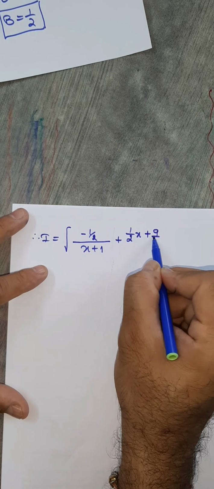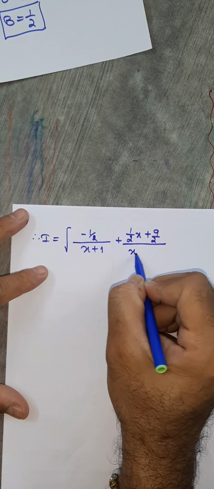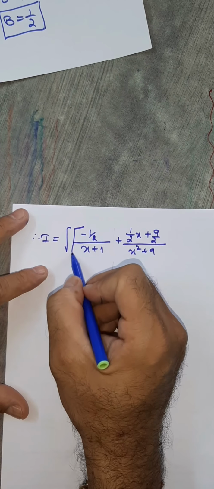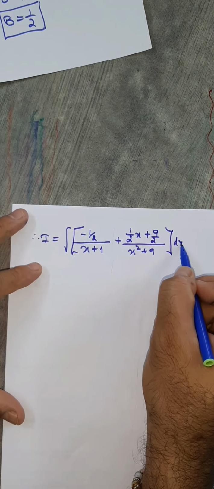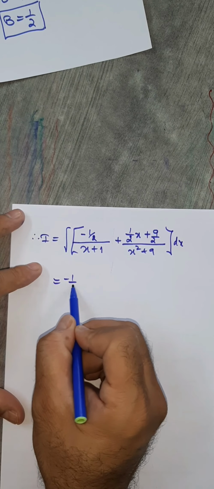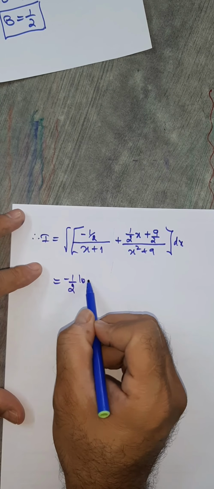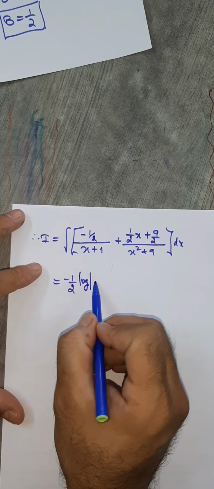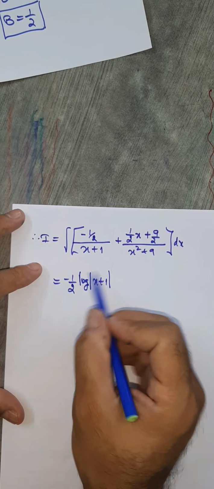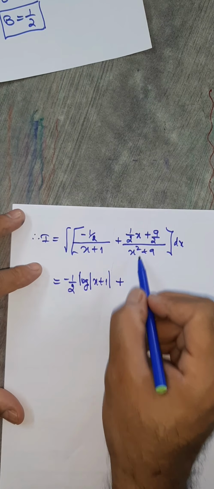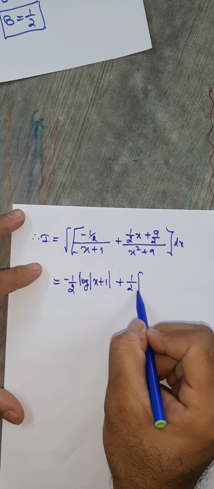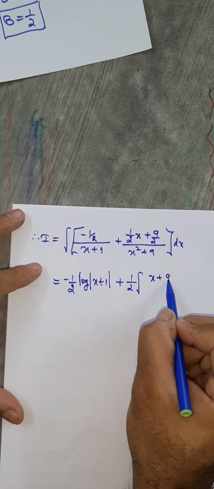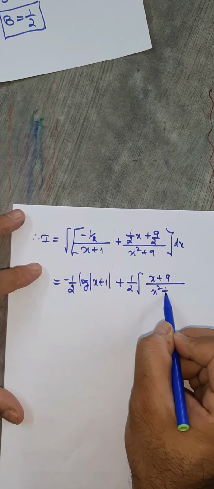So here plus 9 by 2 upon x square plus 9. Okay. So this is minus 1 by 2. This is log of mod of denominator expression, which is x plus 1. Here this is linear upon quadratic. First I'll take 1 by 2 common. So this is x plus 9 upon x square plus 9.